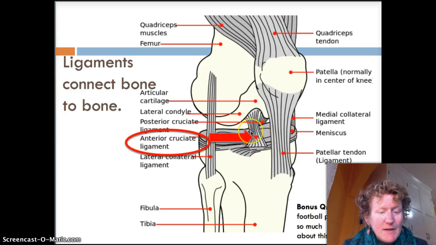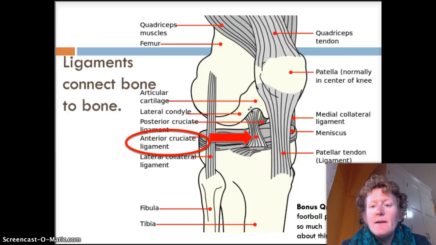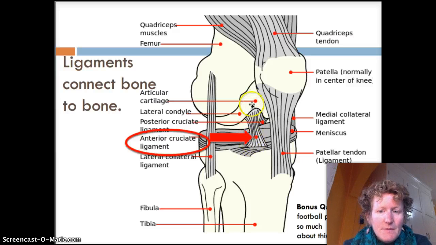So this here is a big concern for a lot of football players because it's a common injury in football and maybe even soccer. This holds the two bones in your leg together. It's behind your kneecap here, which is that bony thing that sticks out on your knee. It's called the patella. This ligament, which connects bone to bone, not muscle to bone, that's a tendon, is crucial here.